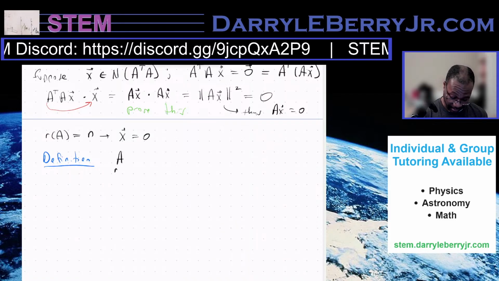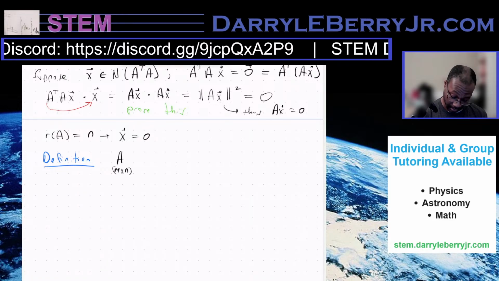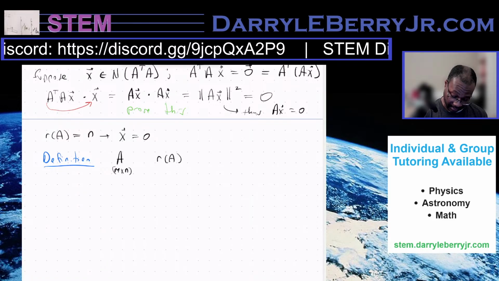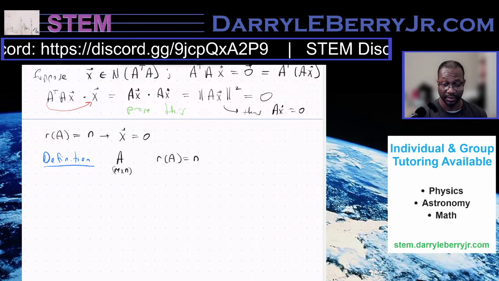Given A is m by n with rank of A equals n, so there's a pivot in every column.